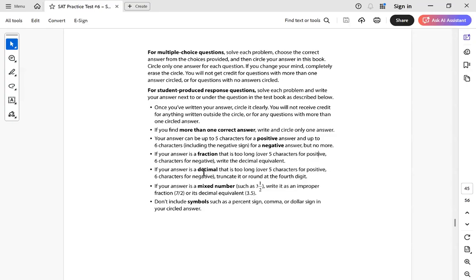But it says if your answer is a decimal that's too long, over 5 characters for positive and 6 characters for negative, truncate it or round it at the 4th digit. So that's what we would have to do because our decimal version of 7/24 goes on forever. So we'd have to round it to the 4th digit if we were answering with a decimal.